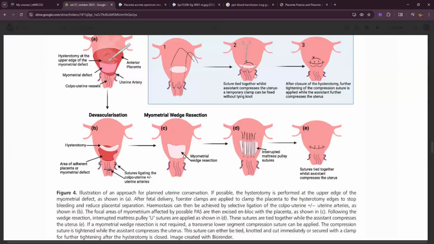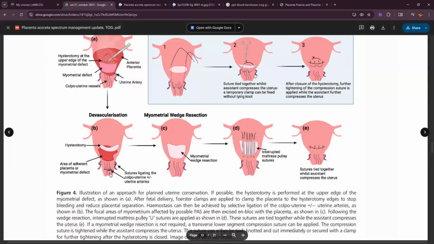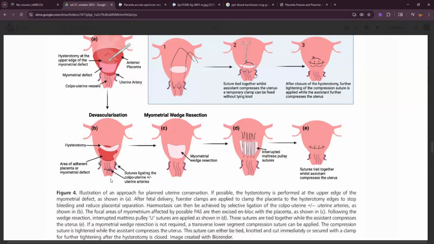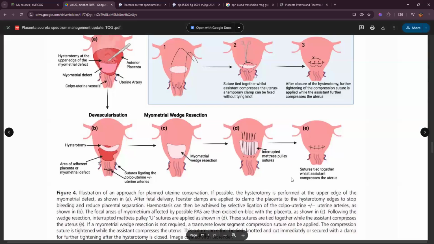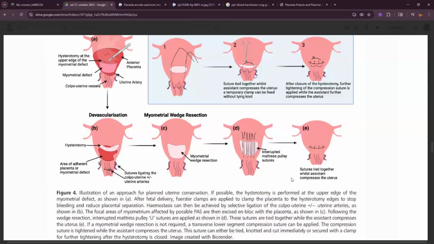So before this, the ligation of the arteries and the devascularization is an essential step, essential. Because what comes next, the closure of the hysterotomy, is not going to be done like we are used to. How should we close the CS hysterotomy, guys?